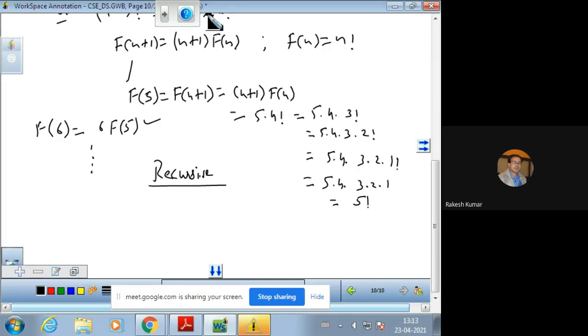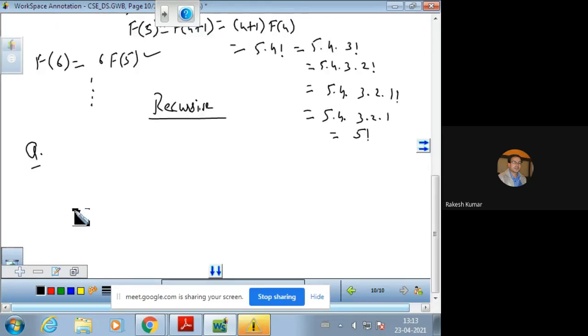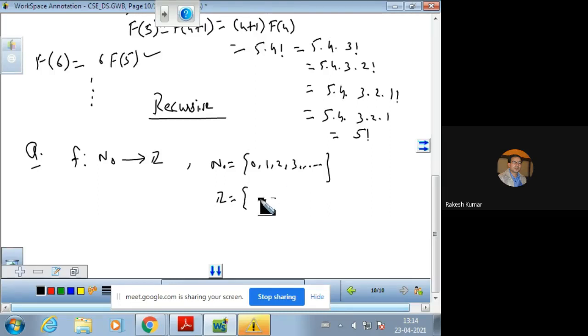Now related to that, we have a small question. We are given a relationship f, a sort of function from N naught to Z, where Z is the set of integers, and N naught is 0, 1, 2, 3, and so on. You can also write the elements of Z as 0, plus minus 1, plus minus 2, and so on.